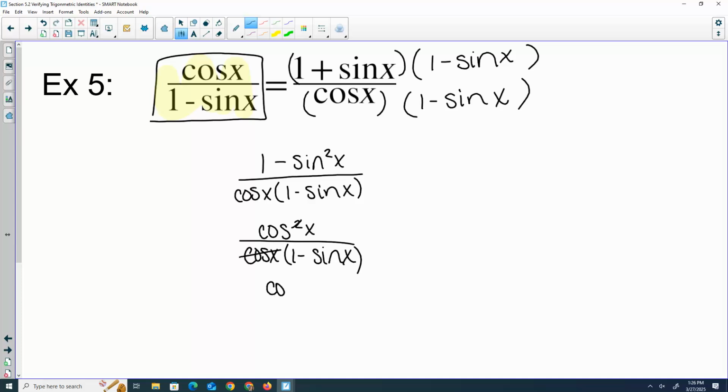The cosine squared cancels, and we're left with cosine x over 1 minus sin x. And that's what we wanted. Any questions on that?